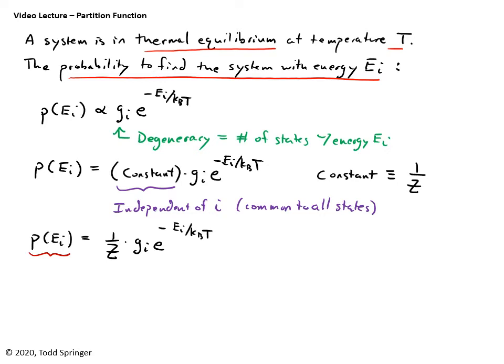So it means that the probabilities must add to 1, or in other words, you can't have more than 100% or less than 100% probability. You've got to find the system somewhere, and if you add up all those probabilities, you should get 100% or 1. So that means that the sum over i, adding up all the energy levels, of the probability that it's in state Ei must add to 1.